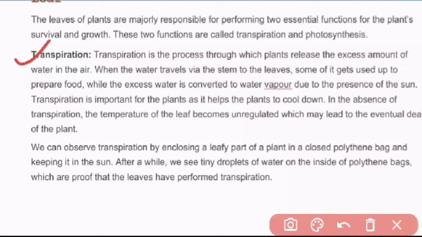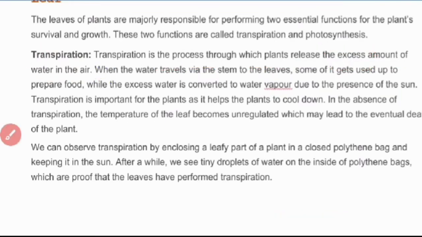Okay, so how can you define transpiration? Transpiration is the process through which plants release the excess amount of water. Now what is excess? Excess means extra amount of water in the air.